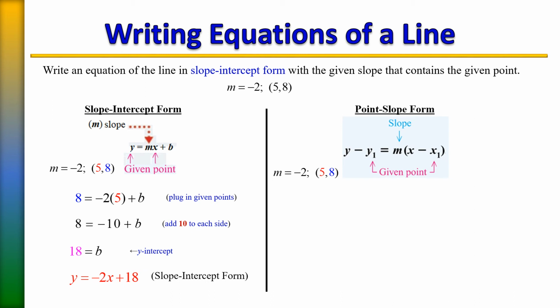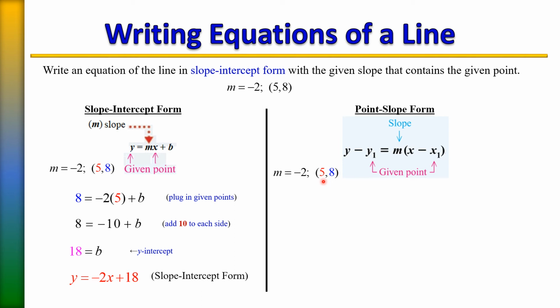Now, for those of you who prefer the point slope formula, let's go ahead and see what that looks like. So again, we are given a slope of -2, so we're going to remove m and replace it with -2. Our x value is 5, so remember we plug our ordered pair into the sub 1 points.